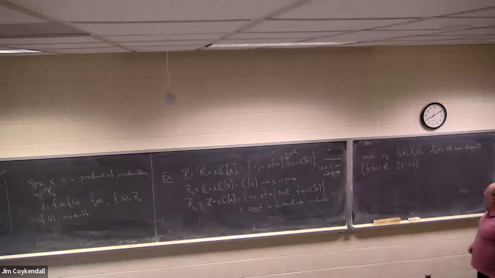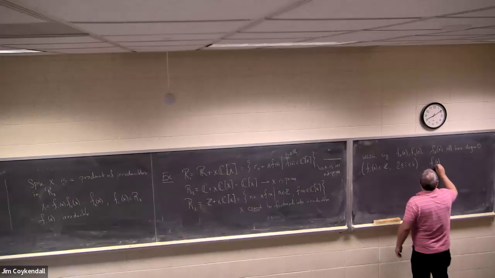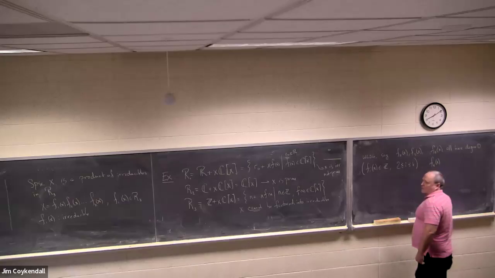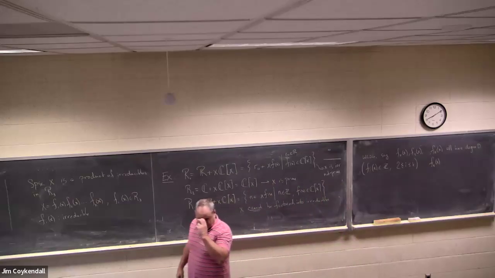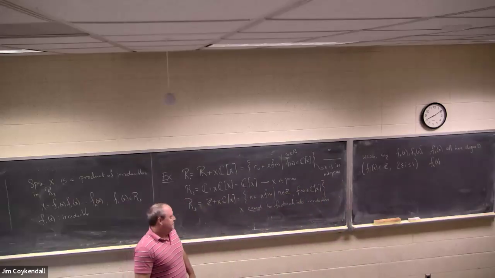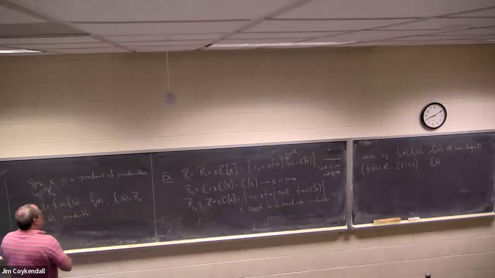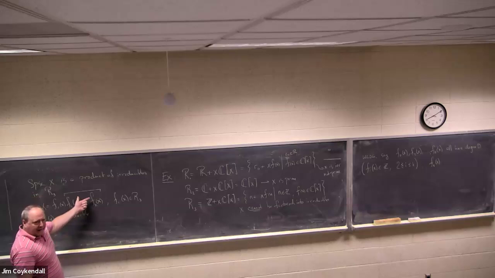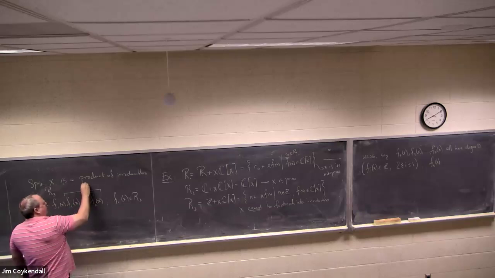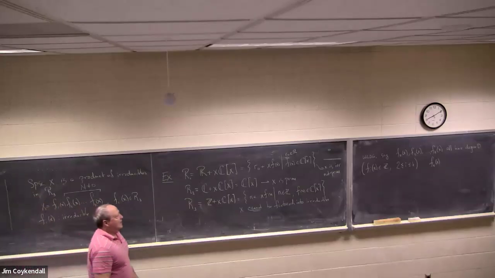Somebody tell me what then. So in particular, what this means is this product is just some integer, call it capital N. And of course, it's non-zero because otherwise you've got problems, right?